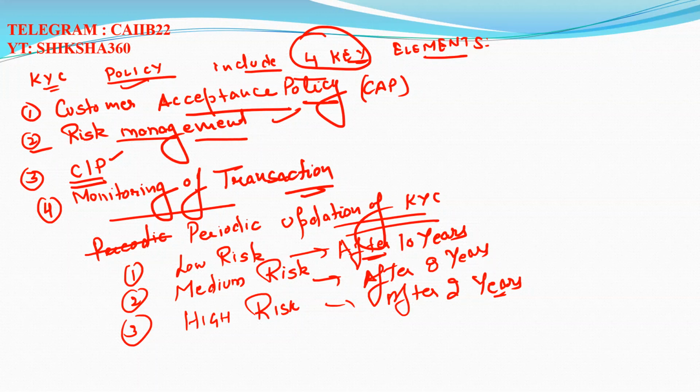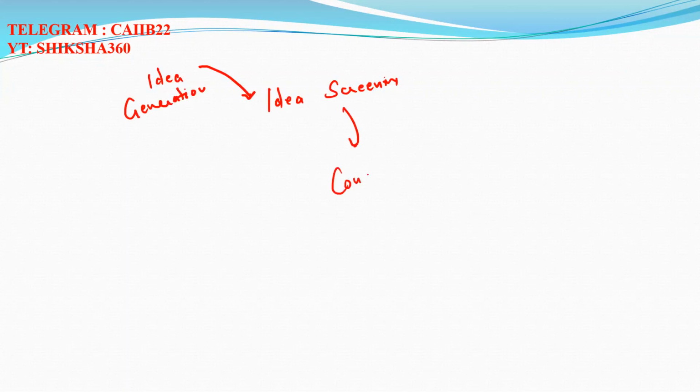And at the end of this chapter, there is new product development. Under that there are different stages. Just go through that and you can revise it through the slides or through the video which we have provided. First of all, idea generation. Idea is to be generated. Next, if it is generated, then the idea is to be screened. After that, concept testing.